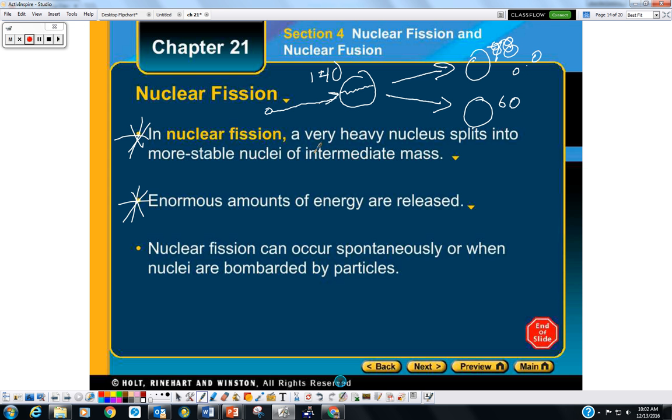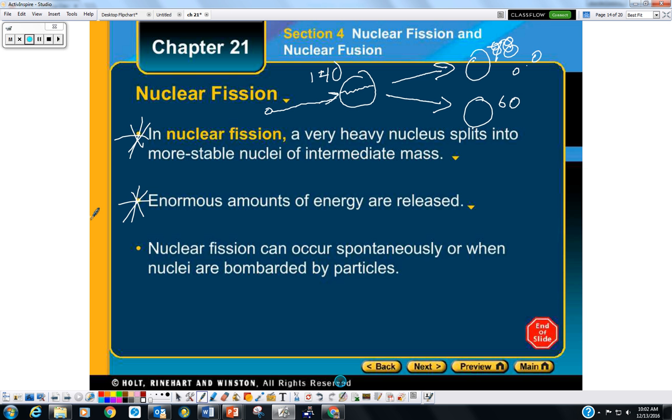So, as the fission process goes on, the neutrons that are emitted during this process can cause other nuclei to split as well. Putting it into an example, it's kind of like bowling.